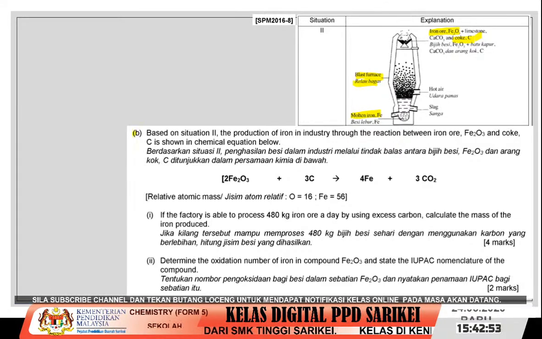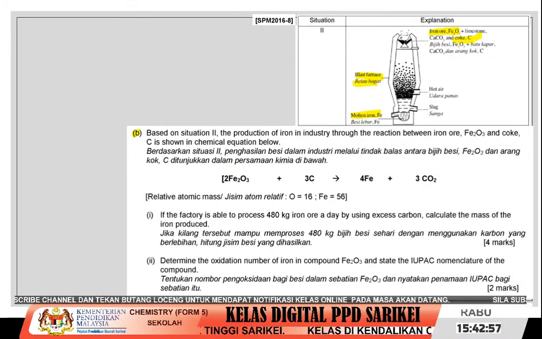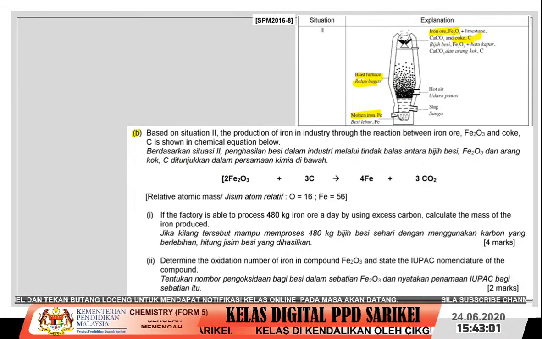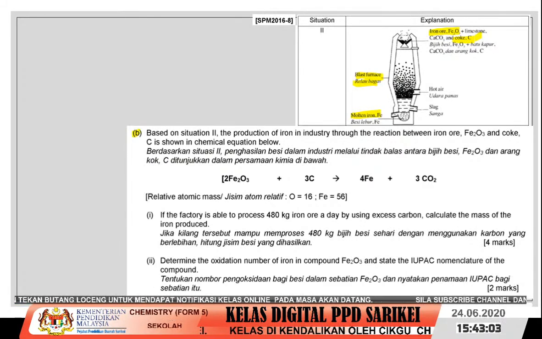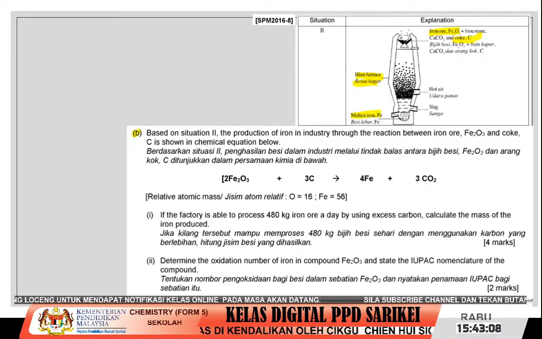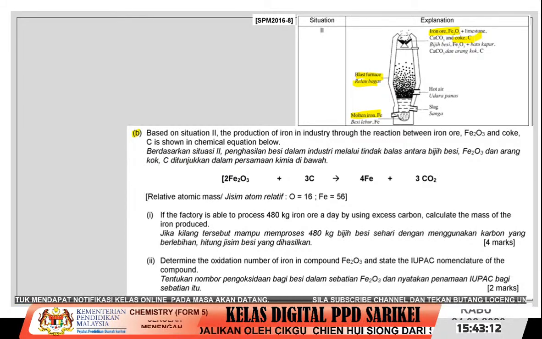Let's look at question B. Based on the situation, the production of iron in industry through the reaction between iron ore, which refers to iron(III) oxide, and coke, which refers to carbon, is shown in the chemical equation below.